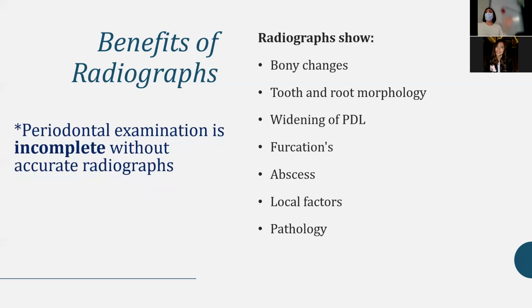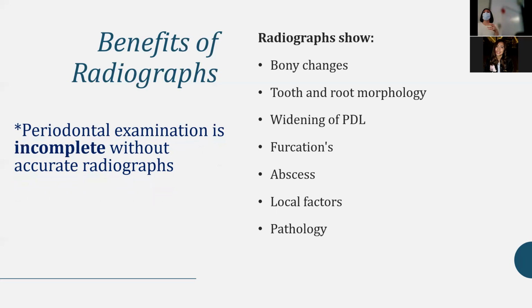Periodontal examination is incomplete without accurate radiographs. So you really need both. So when you guys are doing your SRPs, you should always, always, always have your radiographs and your periodontal charting. Now, unfortunately for us, we kind of have to toggle between the two.